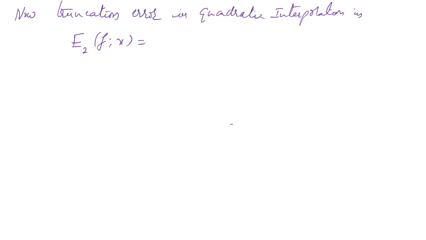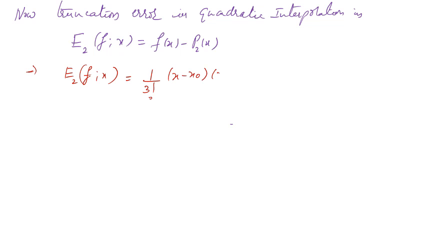Exact minus approximate curve, right? So this value e2 of f of x is equal to 1 by 3 factorial, x minus x naught, x minus x1, x minus x2 into f triple derivative at xi, where xi belongs to, as usual, the x naught to x2 interval.